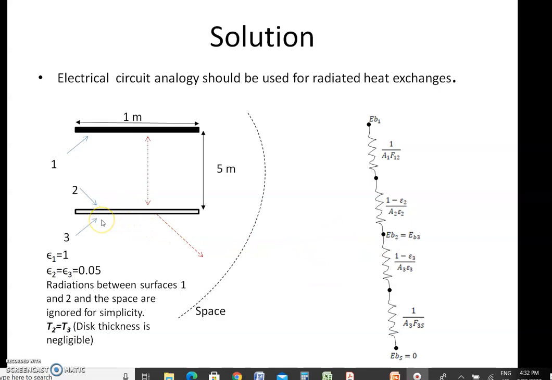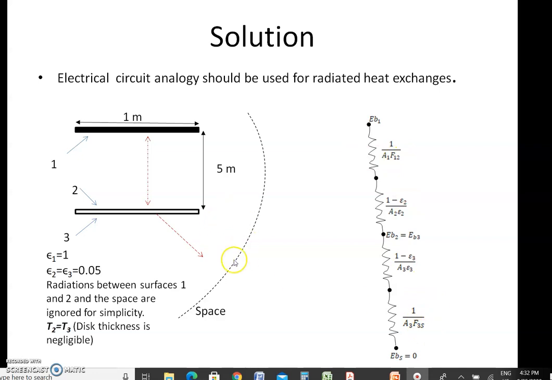We reach the other side of the disk, and this represents the heat transfer there, and there is also a heat exchange between this side and space, which is represented by this equation. From this set of equations, we know everything except F12 and F3s.